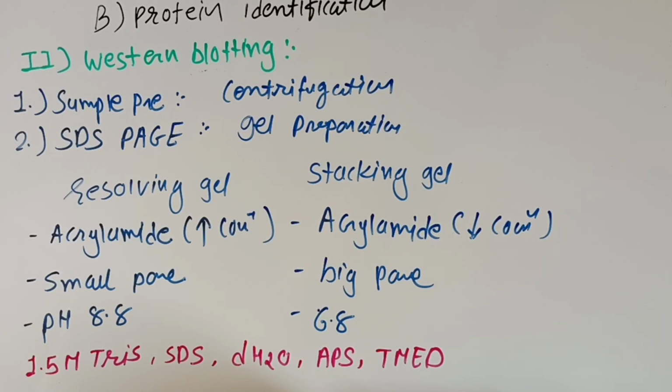After lysis buffer is added to the protein, at the end the supernatant is collected, and then they proceed to the electrophoresis technique. This is similar to gel electrophoresis, but here another application is there, that is PAGE, defined as polyacrylamide gel electrophoresis. And here another salt is used, sodium dodecyl sulfate.